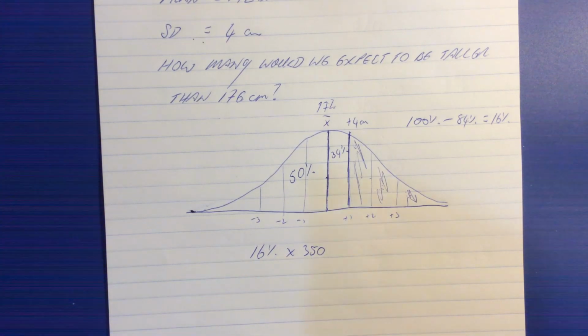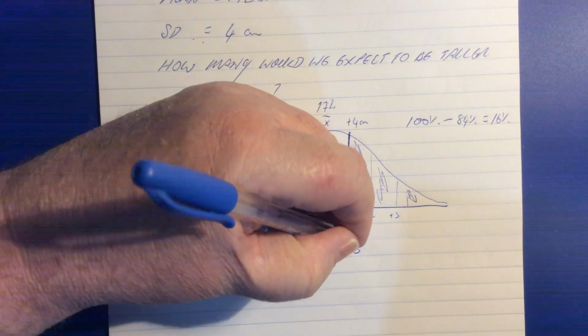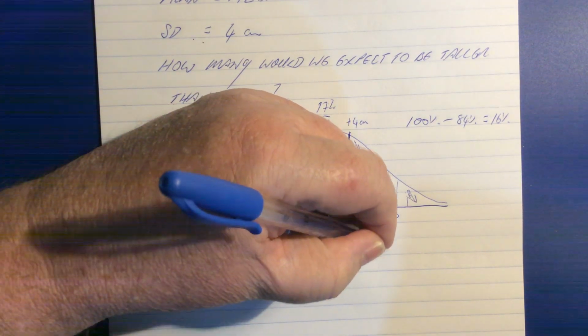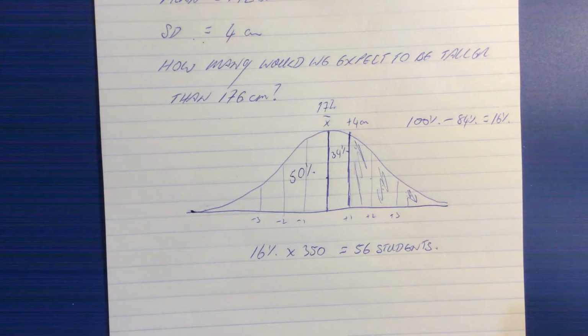So we'll see what we get. 56, 48 and 8, 56. And that's how you do that.